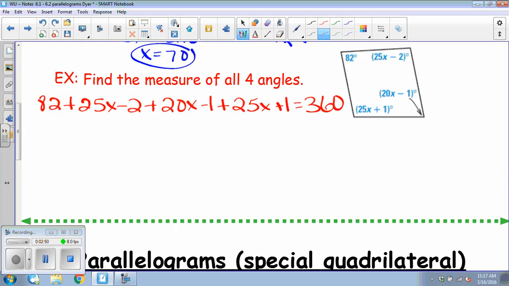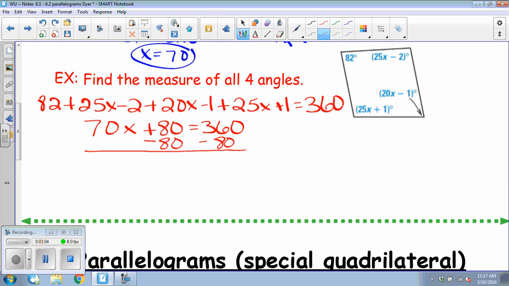When you combine all your like terms, you should get 70x plus 80 equals 360. Subtract 80 from both sides, and we get 70x equals 280. Divide by 70, and you get x equals 4.